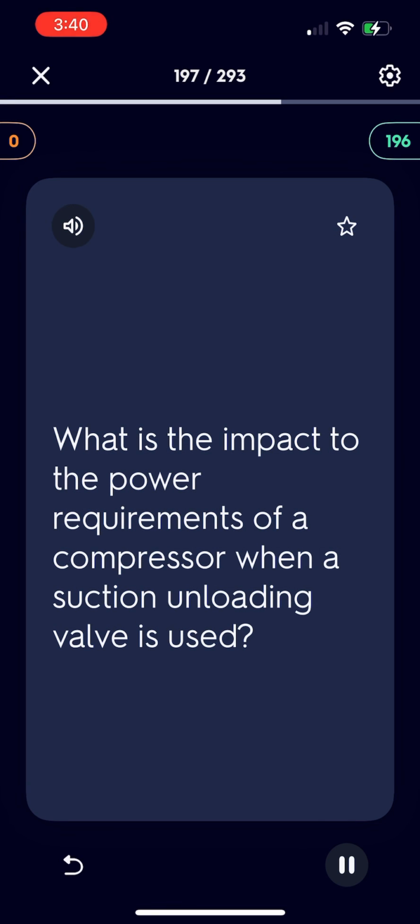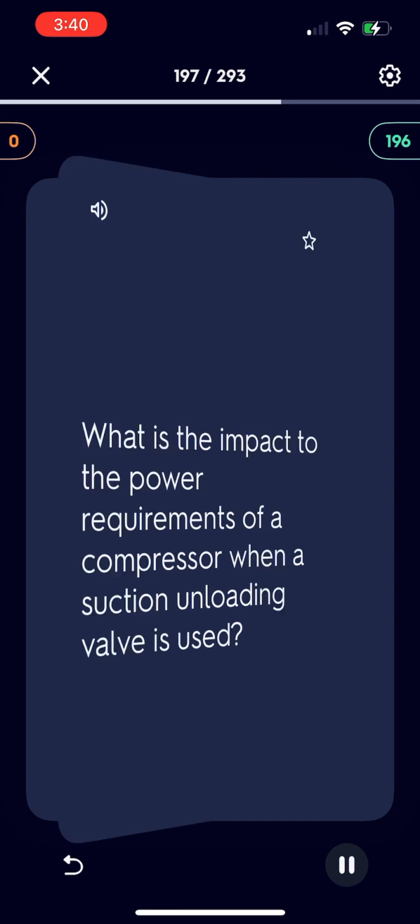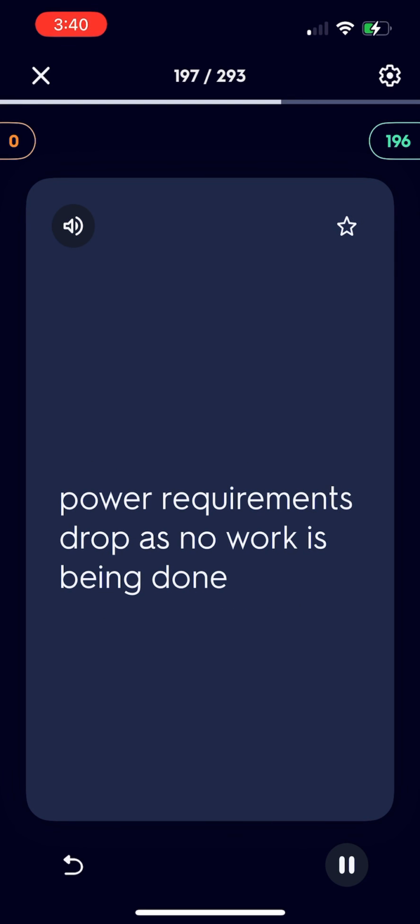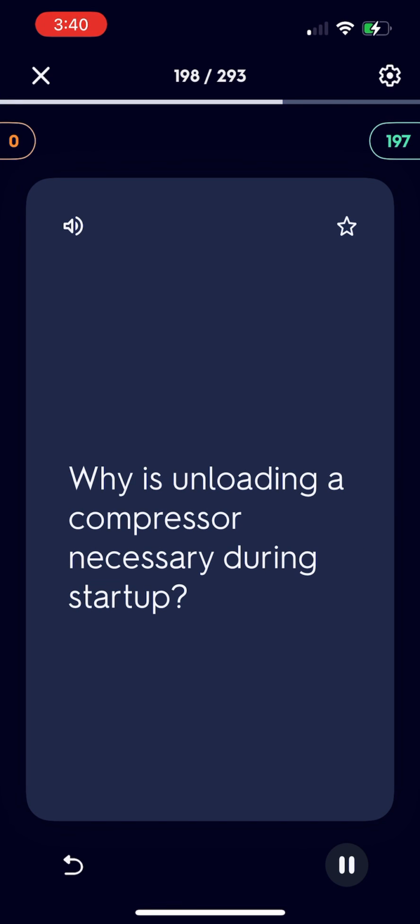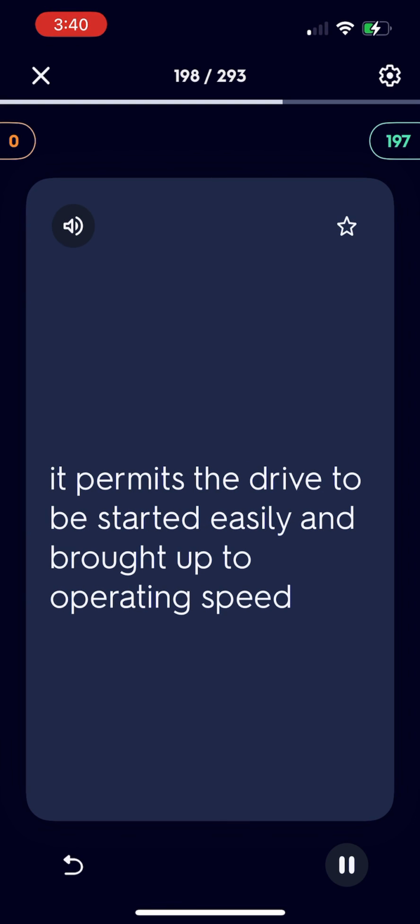What is the impact to the power requirements of a compressor when a suction unloading valve is used? Power requirements drop as no work is being done. Why is unloading a compressor necessary during startup? It permits the drive to be started easily and brought up to operating speed.